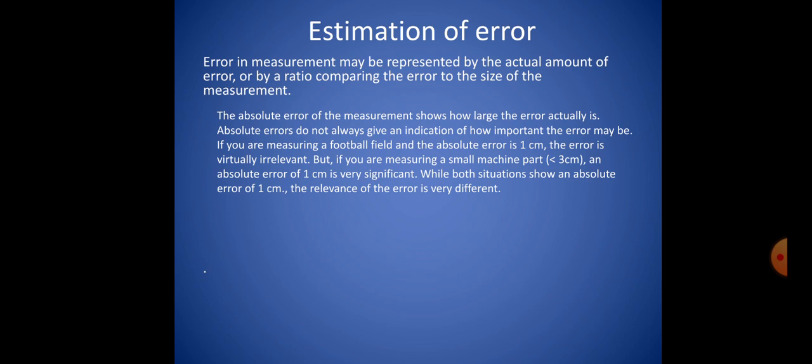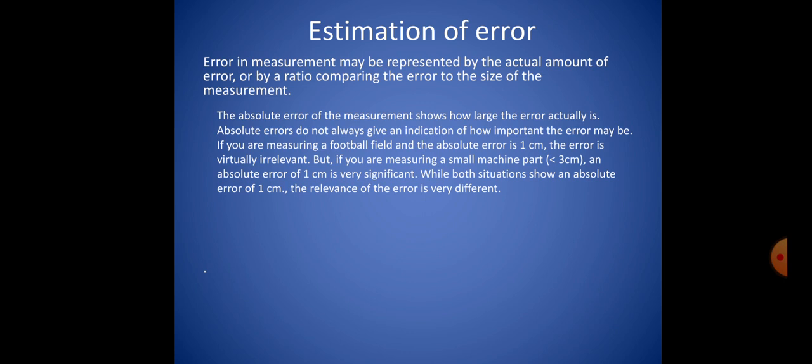So ये जो absolute error है, it shows how large the error actually is. Absolute error does not always give an indication of how important the error may be. For example, if we are measuring a football field and the absolute error is only 1 centimeter, then the error is virtually irrelevant.